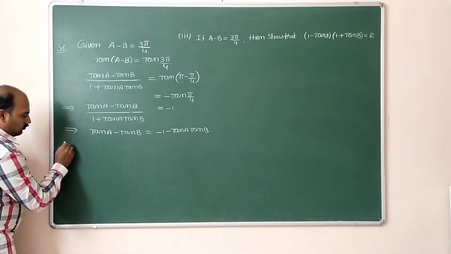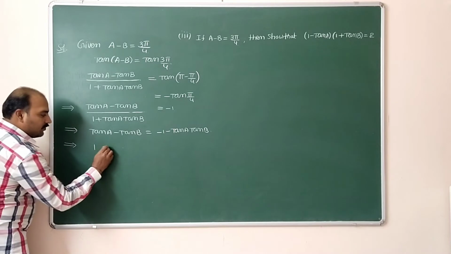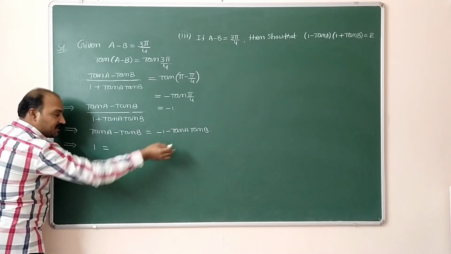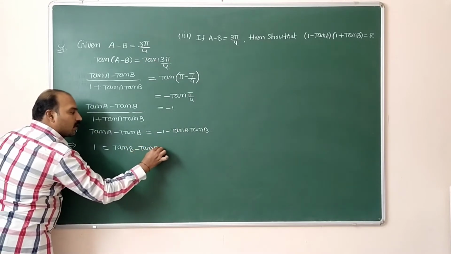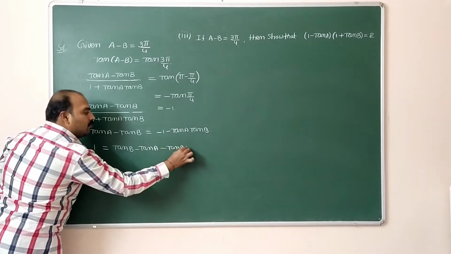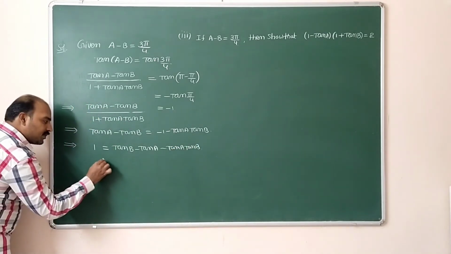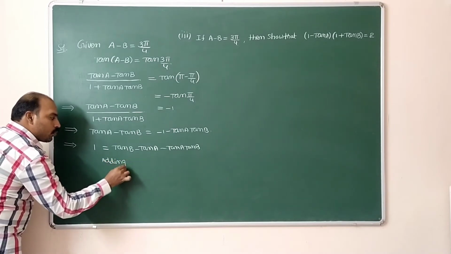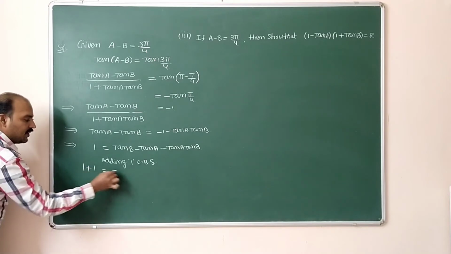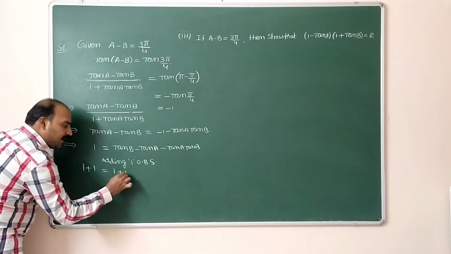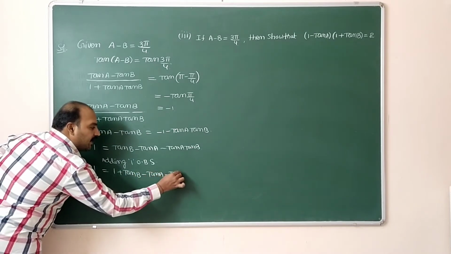Therefore minus 1 we can take here, plus 1, which is equal to tan A, we are taking that side, and minus tan B we can take that side. So tan B minus tan A minus tan A tan B. Adding 1 on both sides, 2 equals 1 plus tan B minus tan A minus tan A tan B.